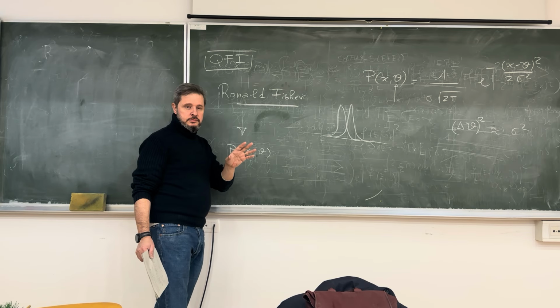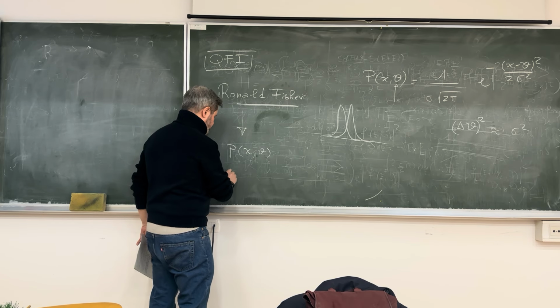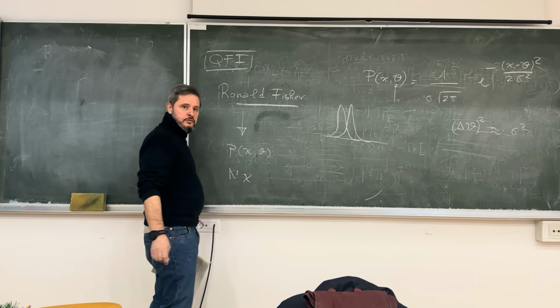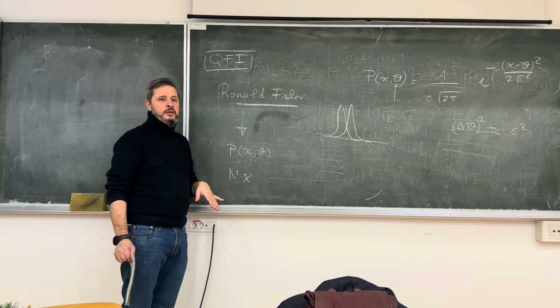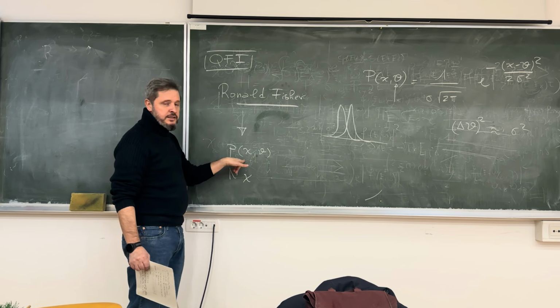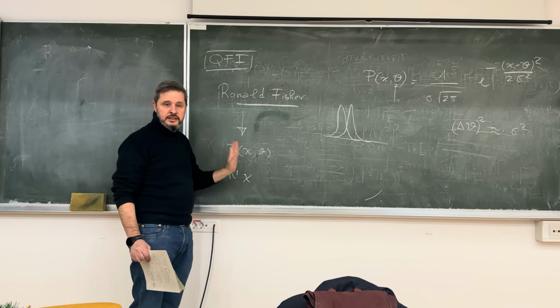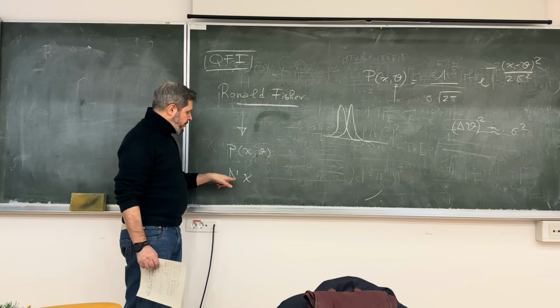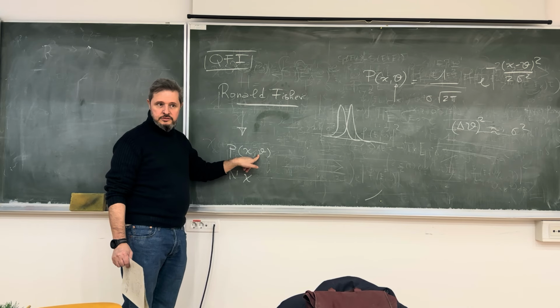No? So you make n measurements of a certain random variable, right? You know that this random variable is described by a certain probability distribution that depends on a certain parameter theta. And from these values, you want to infer what is the value of theta, right?